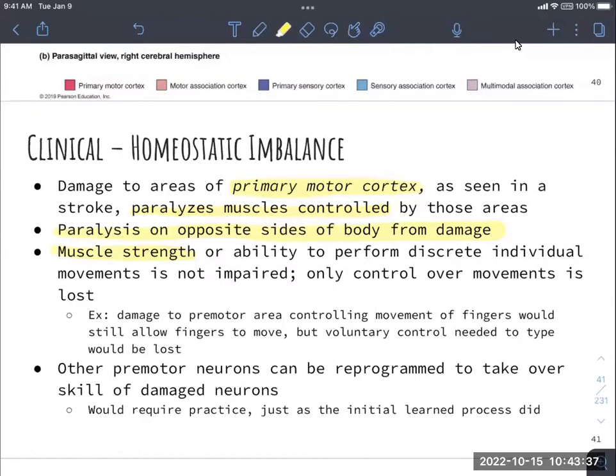So if we have damage to the premotor area, this is an example from your book, you could still move your fingers, but that voluntary control needed to type would be lost. So your fingers can still move around, but you can't actually type out anything. You can't write anything.